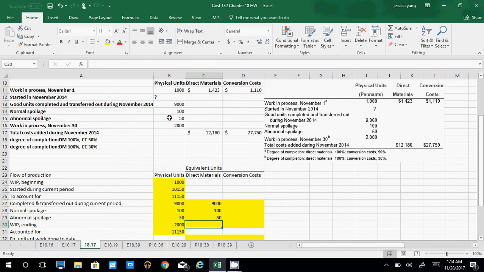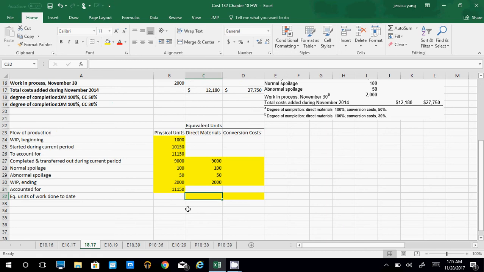To find equivalent units for direct material for work in process ending, I would take 2,000 physical units under work in process for November 30th and multiply it by 100%, which gives me a total of 2,000 equivalent units for direct material for work in process ending.